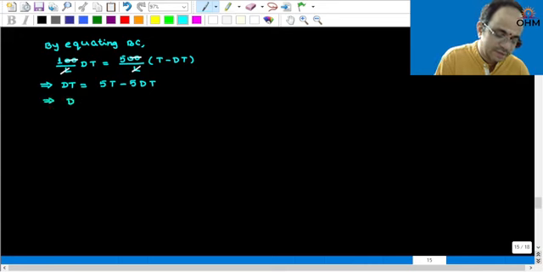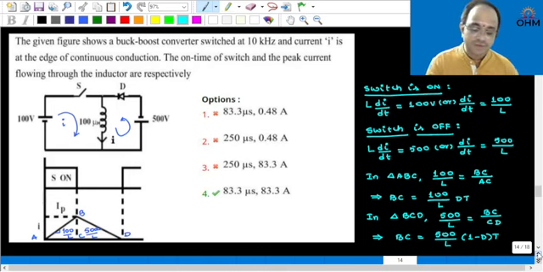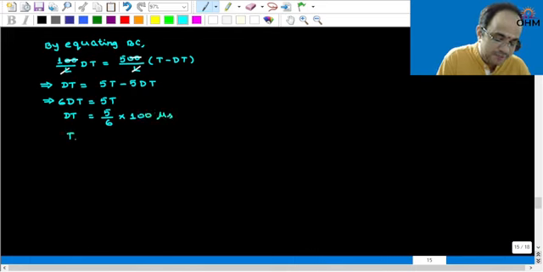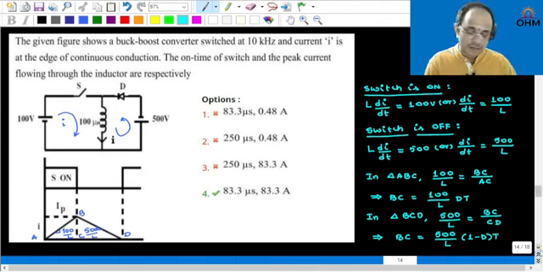In other words, 6 dt is equal to 5T, hence dt is equal to 5 by 6 into T. As the frequency is given as 10 kilohertz, one cycle time will be 100 microsecond. dt is nothing but the turn on time of the switch. 5 by 6, 0.833 into 100 will give you 83.33 microsecond. That is the turn on time of the switch.